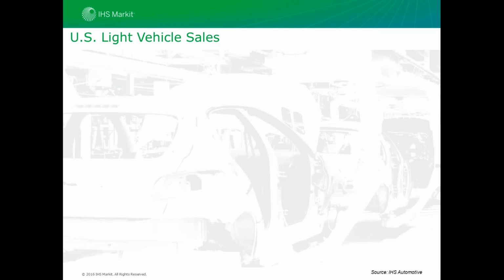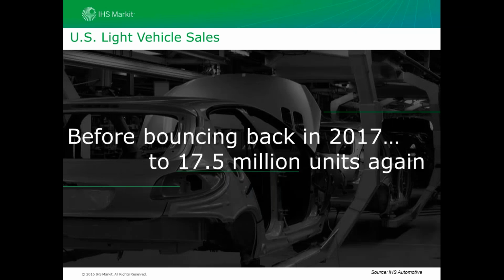But overall, we are seeing a slight decline this year before bouncing back in 2017 to about that 17.5 million unit level. So again, even with bringing down the forecast, even with that slight decline this year and kind of beginning to flatten out, 17.5, 17.4 this year, 17.5 next year, like I said at the beginning, we're leveling off to right around record levels.